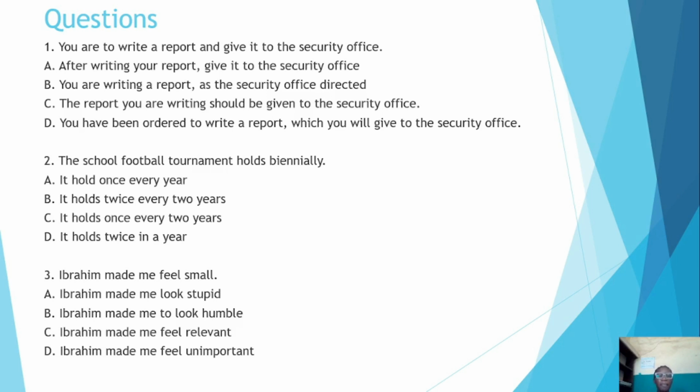A. Ibrahim made me look stupid. B. Ibrahim made me to look humble. C. Ibrahim made me feel relevant. And D. Ibrahim made me feel unimportant. The correct option is option D. To feel small is to feel unimportant, to feel less of yourself. So the correct option is option D. That is the correct interpretation of this sentence.